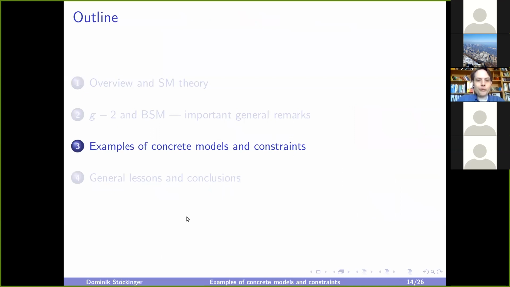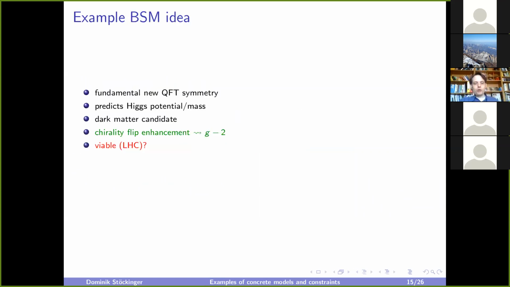Okay, let's now look at some examples of concrete models and the constraints acting on them. Let me start with a model with the following properties. Let's begin with this question. What model could it be? It has a fundamental new quantum field theory symmetry, which extends relativistic quantum field theory.